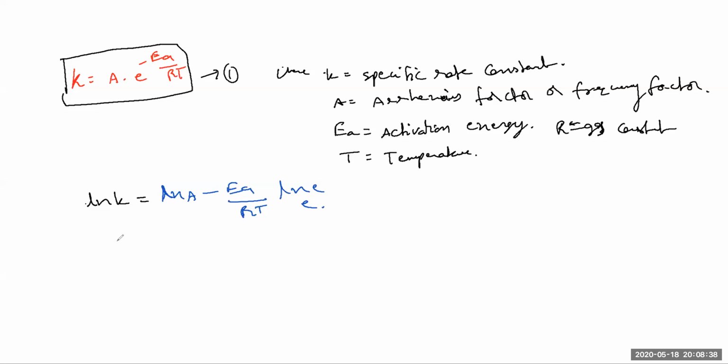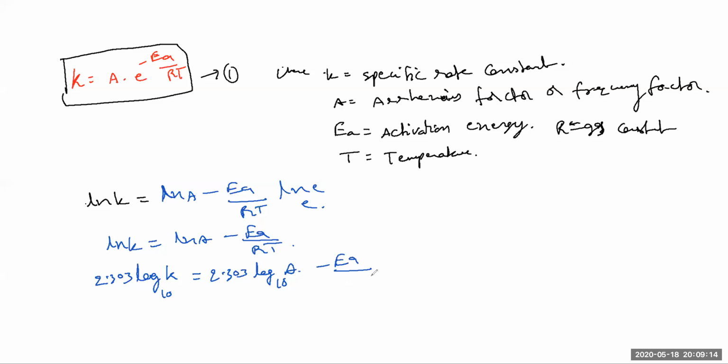So the equation now is ln k is equal to ln A minus Ea by RT. Now this is a natural logarithm. Now convert into common logarithm. Common logarithm means log will come. Here base e becomes base 10. That means 2.303 log k base 10 is equal to 2.303 log A base 10 minus Ea by RT.